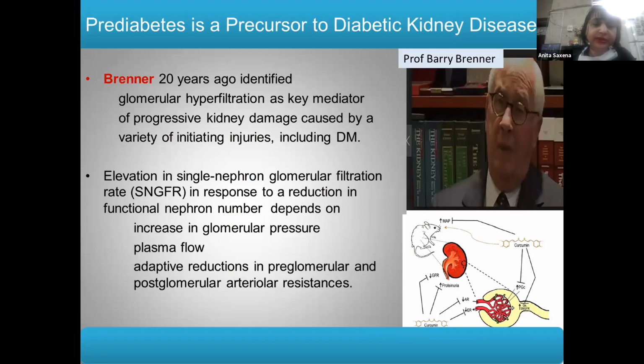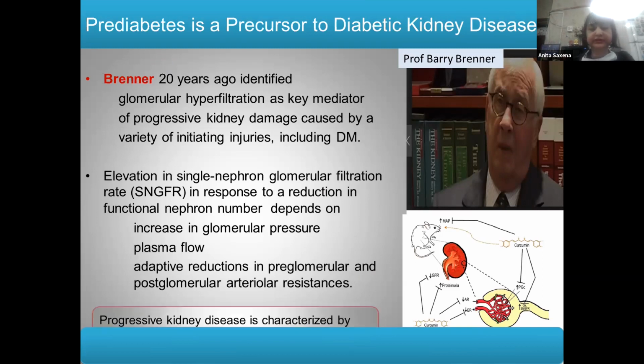Now, it was Brenner 20 years ago who identified glomerular hyperfiltration as a key mediator of progressive kidney disease damage caused by a variety of initiating injuries, including diabetes mellitus. Elevation in single nephron glomerular filtration rate in response to a reduction in functional nephron number depends on an increase in glomerular pressure, plasma flow, and adaptive reductions in preglomerular and postglomerular arteriolar resistances.